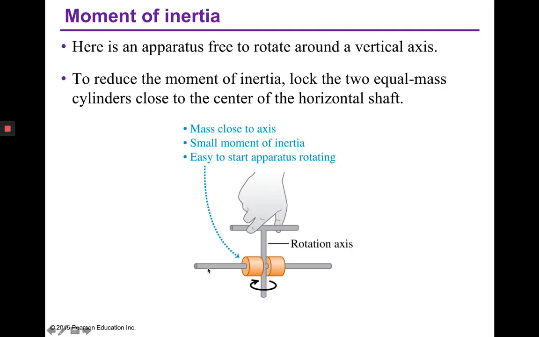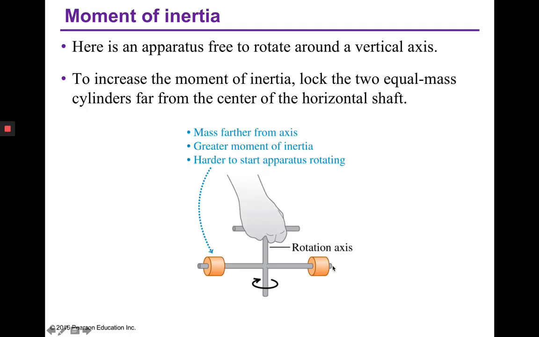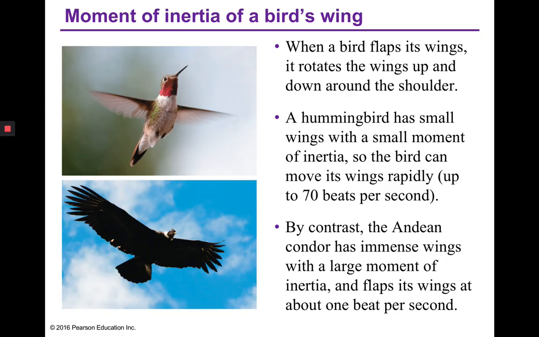But if we were to move these masses out, it would be harder to spin. The further your masses are from the axis of rotation, the harder it is to spin. When everything's close to the middle, it's easier to spin. When everything's really far away, it's harder to spin.